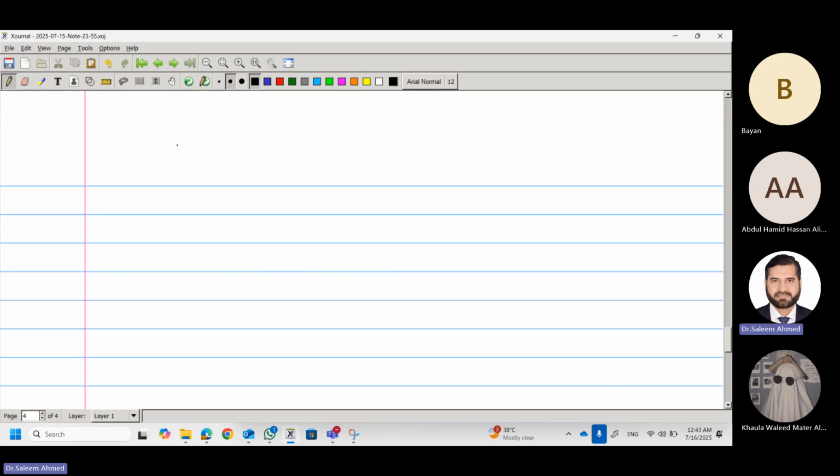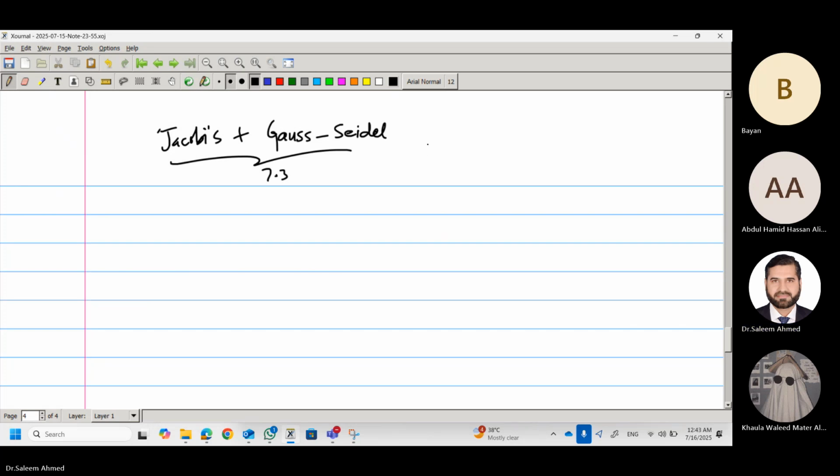So the last one was Jacobi's and Gauss-Seidel iterations. They are both in 7.3. The only thing is, when the system is given, from the first equation you write x1 and send everything to the other side.